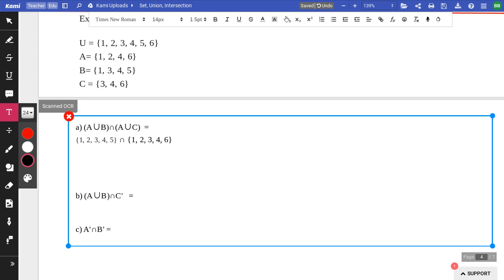So remember, and is what's in common, the similar elements. 1 is in common, 2 is in common, 3, and 4. Therefore, this is your answer here.